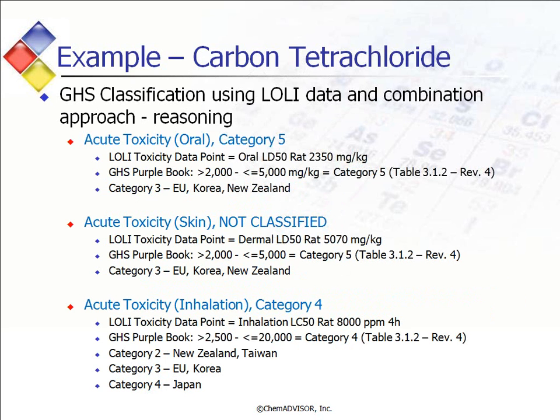So for oral toxicity, from the data, we get to Category 5, oral LD50 of 2350 per table 3.1.2 in revision 4 of the Purple Book. That would be a Category 5 classification. The EU, Korea, and New Zealand classify carbon tetrachloride as Category 3.